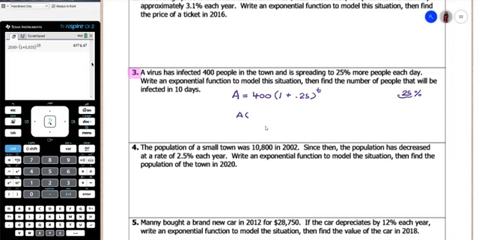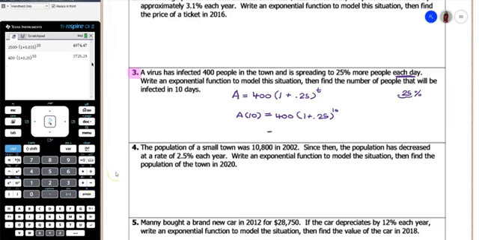So it says in 10 days. It's important to note that it says each day it's increasing by 25%. So then we are able to use our time period as days, since that's the original growth rate that they gave us. So then we'll just put that whole thing in the calculator. 400 times 1 plus 0.25 to the power of 10.